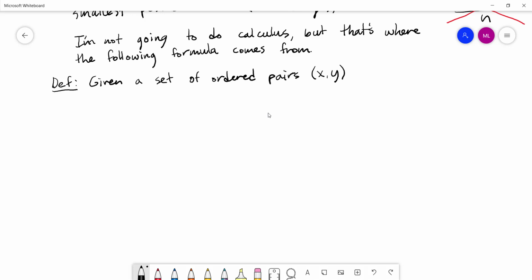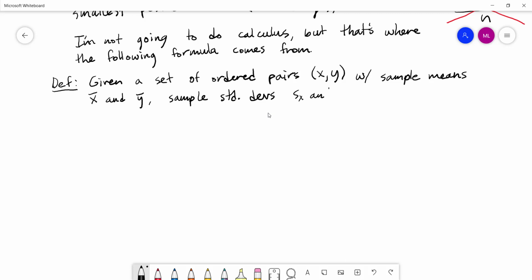x comma y, so a list of x values, a list of y values, the same ordered pairs we were talking about before, with sample means, so this will be similar as well, with sample means x bar and y bar, sample standard deviations of sx and sy, sample size of n, which we don't necessarily need in this formula, but good to have it.